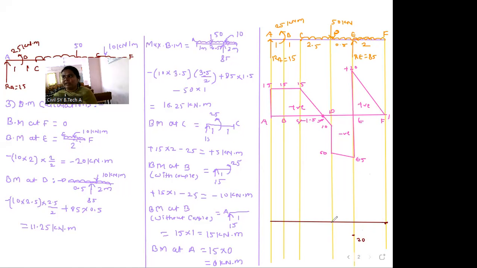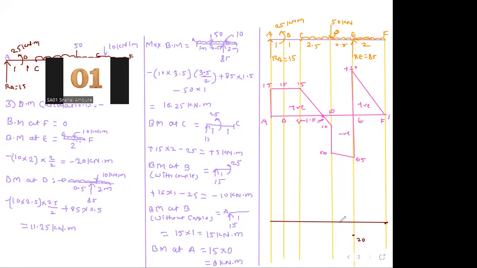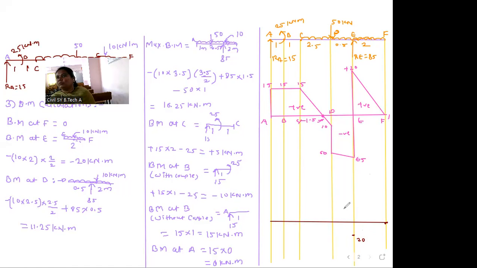Next, bending moment at D. Bending moment at D is plus 11.25. So it will be here, 11.25. After that, we have to extend this maximum bending moment line, because at this point the bending moment is maximum.